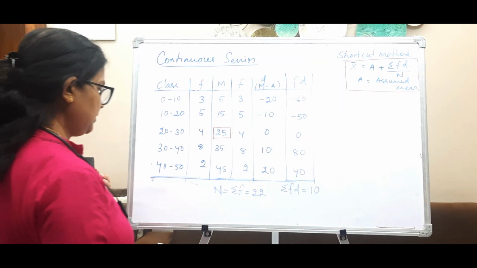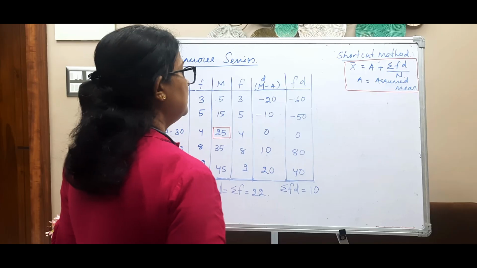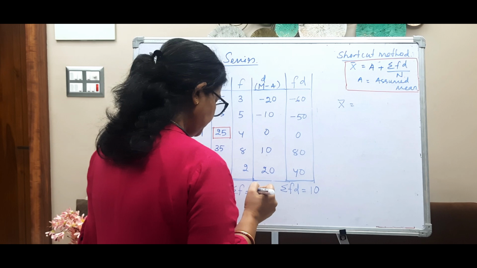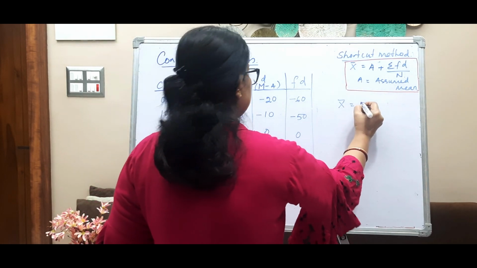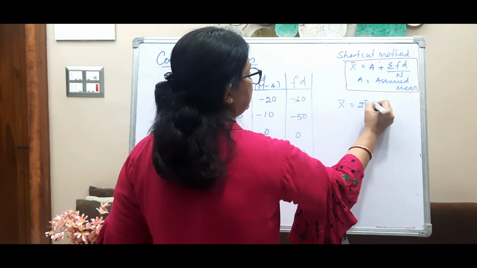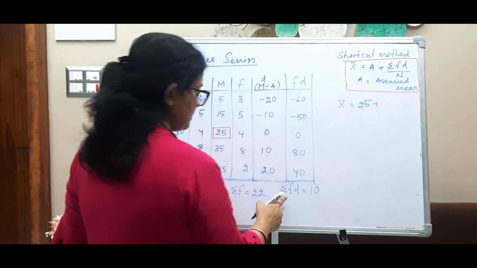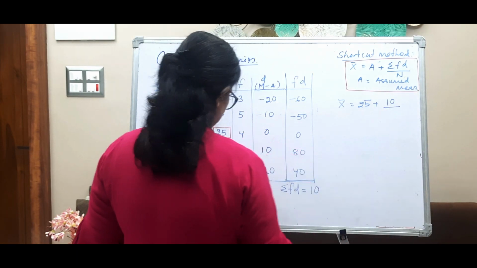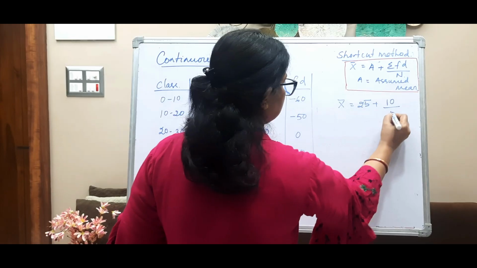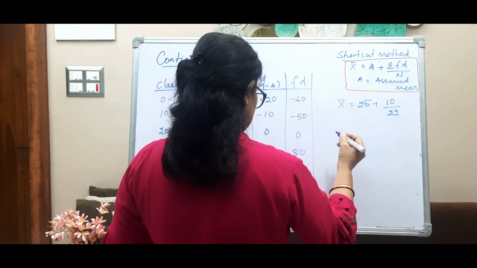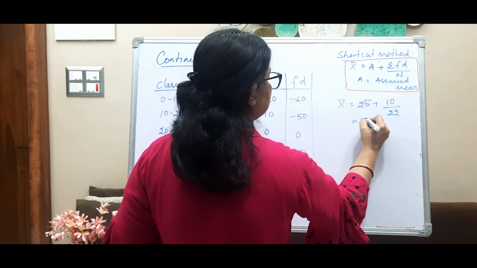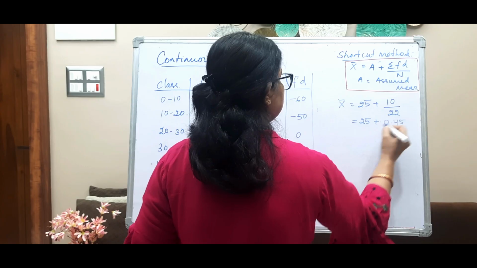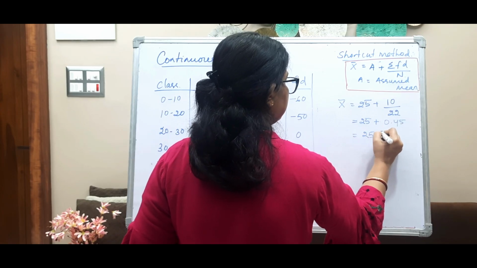Yes. Now we will put all the values into the formula. Put it: x bar equals 25 plus sigma of fd, which is 10, divided by 22. So this is coming 25 plus 0.45, which is equal to 25.45.